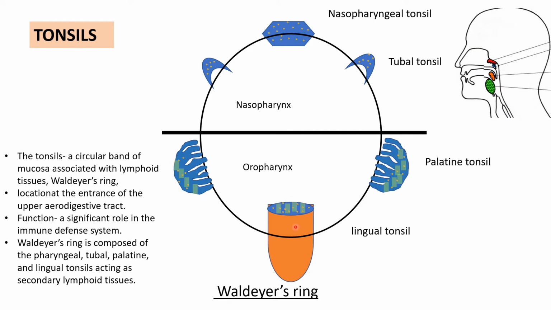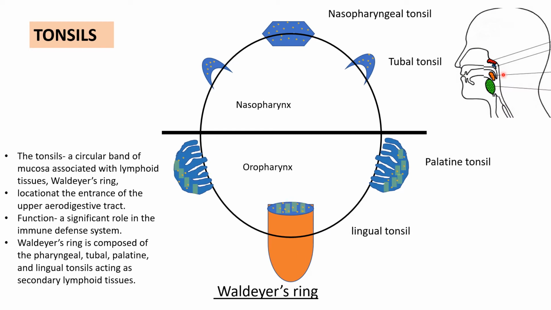These palatine tonsils are bilateral, and then the posterior 1/3 of the tongue has got the lymphoid tissue under the mucosa, that is called as the lingual tonsil. So there are two paired and two single lymphoid organs, one in the nasopharynx and one in the oropharynx.